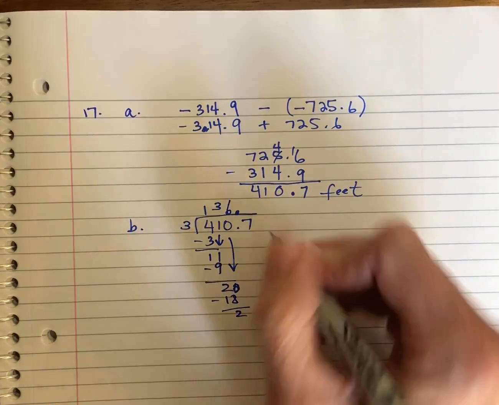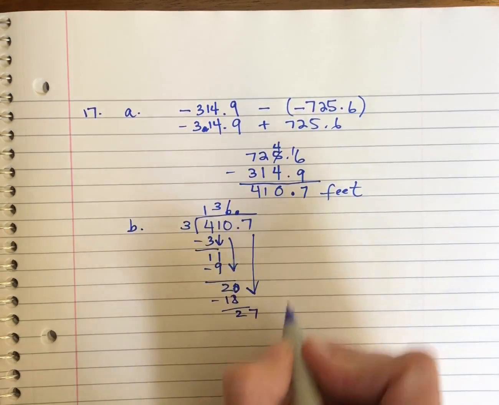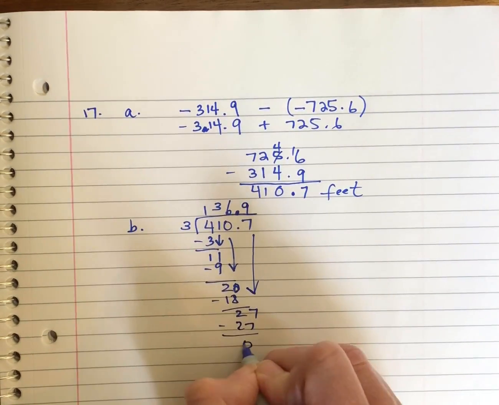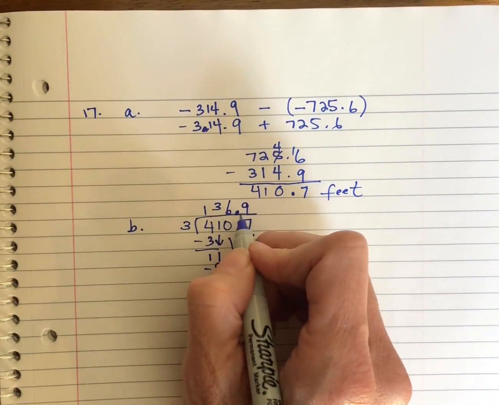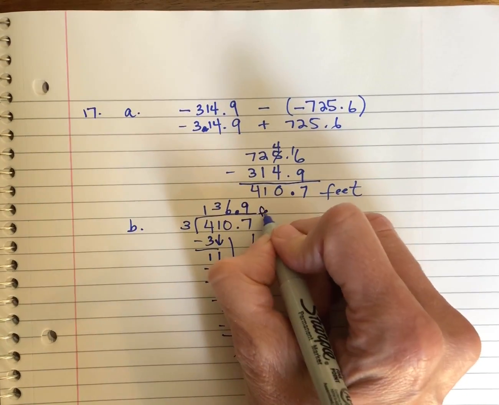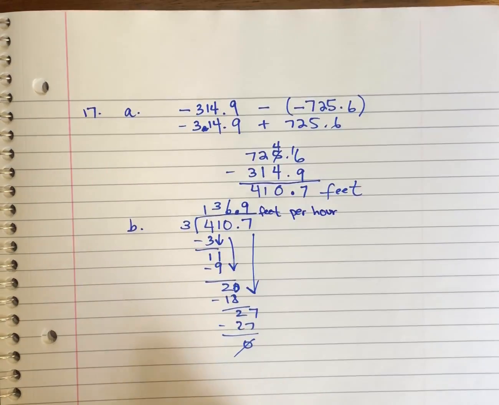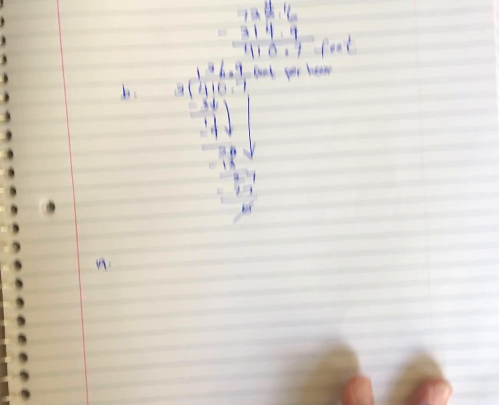Subtract, I get 2. Bring down. Ooh, lucky, yes, it goes in evenly. 3 goes into 27 9 times evenly. Okay, so it traveled 136.9 feet per hour.